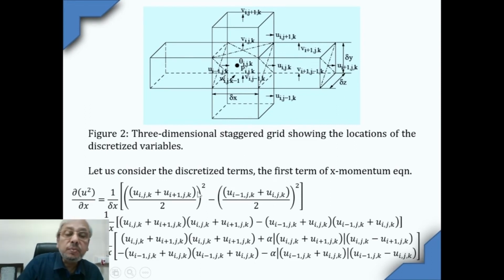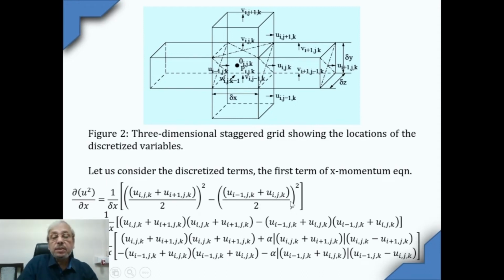Now this u means (uijk plus ui plus 1 jk) by 2, squared, and this u, which is between uijk and ui minus 1 jk, is (ui minus 1 jk plus uijk) by 2, squared.